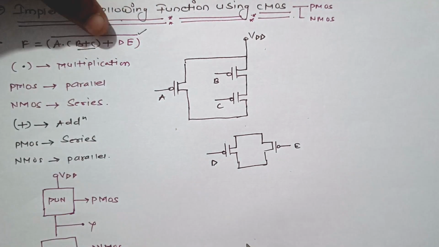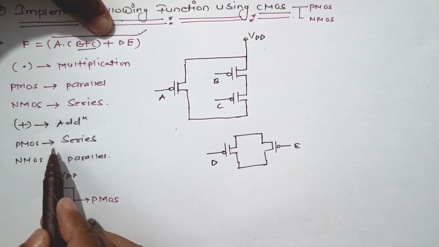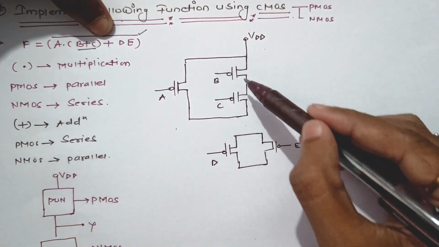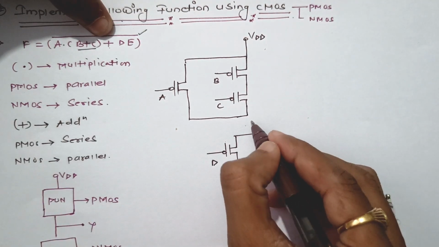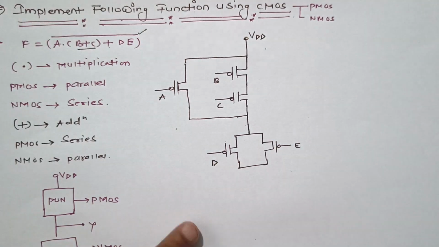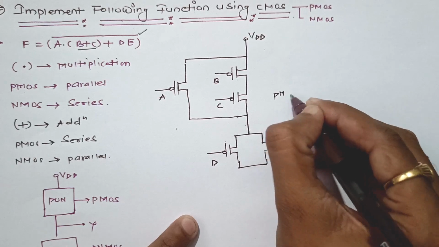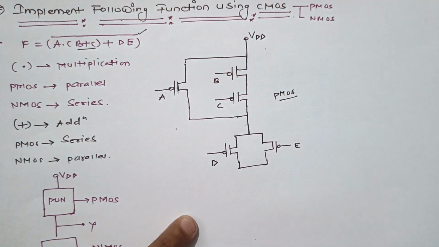For the plus sign, PMOS is in series. So this term and this term will be in series. So let's connect them. This becomes the series combination. So this will be our implementation using PMOS.